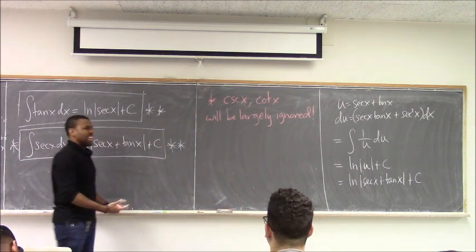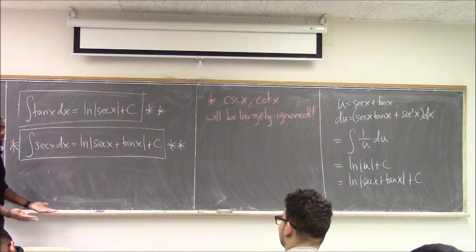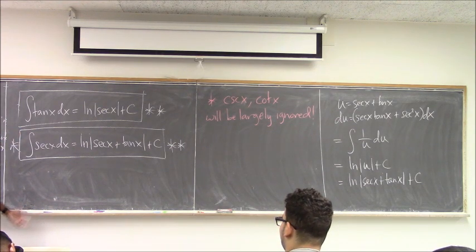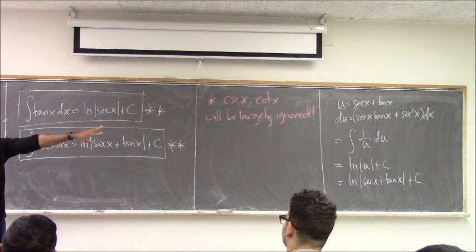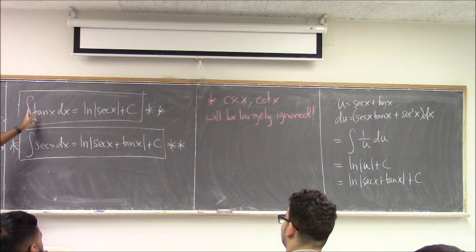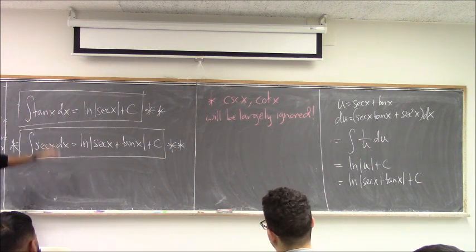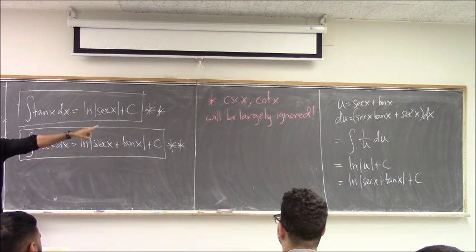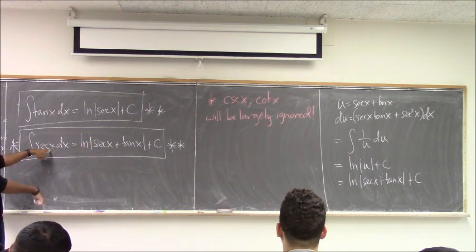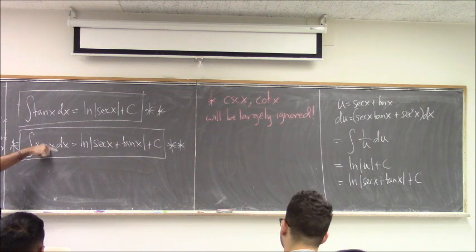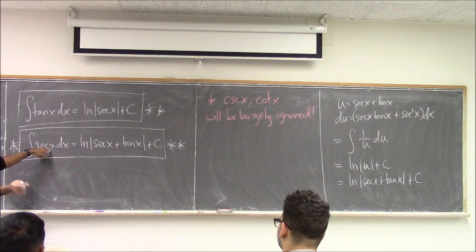But in terms of calculus, in terms of knowing how to integrate them, don't worry about it. We're going to ignore it. Pretty much all the rules that have to do with cosecant and cotangent, you can ignore. They behave very similarly to tangent and secant. So rules for cosecant will be very similar to rules for secant. In fact, to integrate cosecant, you'd multiply by cosecant plus cotangent over cosecant plus cotangent, blah, blah, blah.